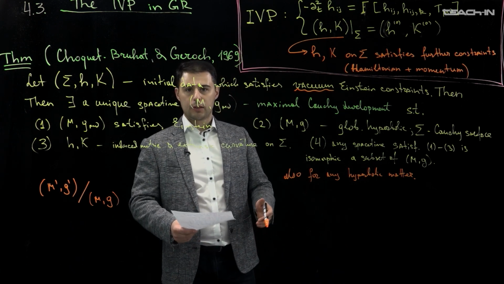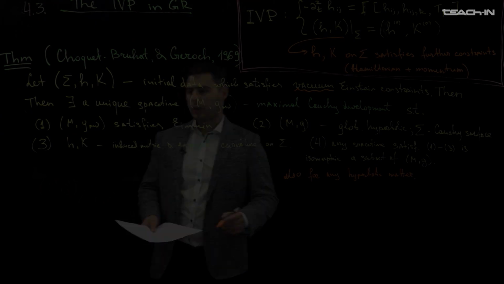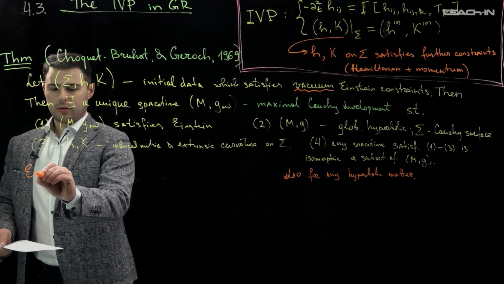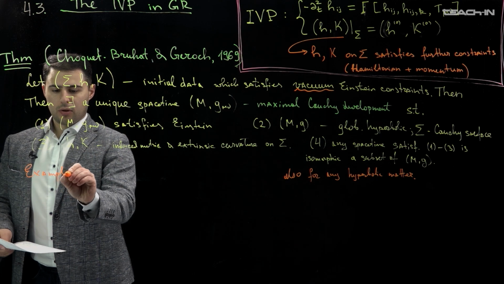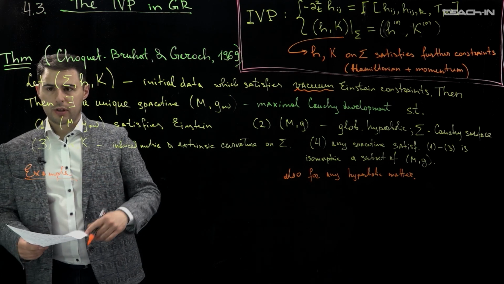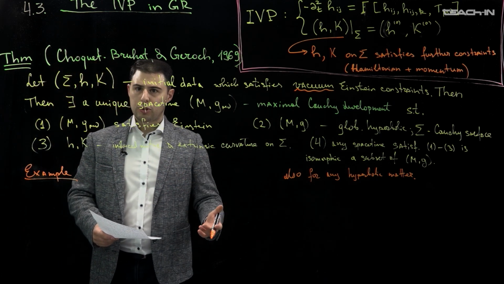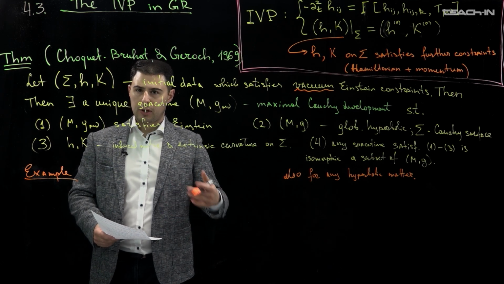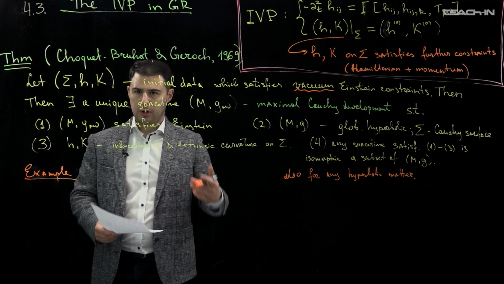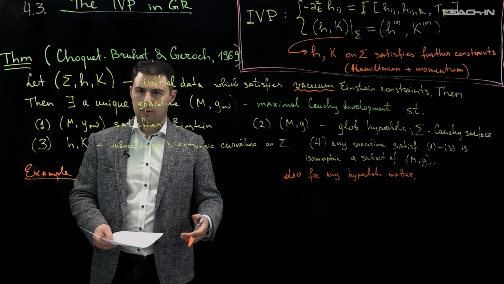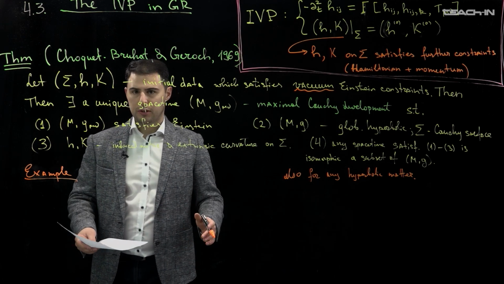Now, let us study some examples. The first example will be the example where the partial Cauchy surface is incomplete, and therefore we cannot predict evolution in the full spacetime.